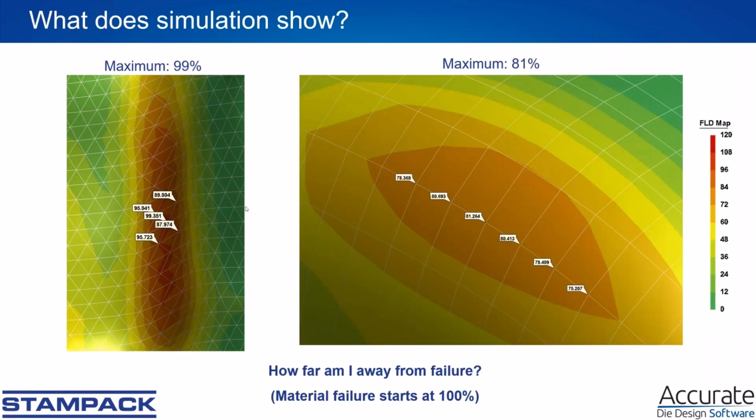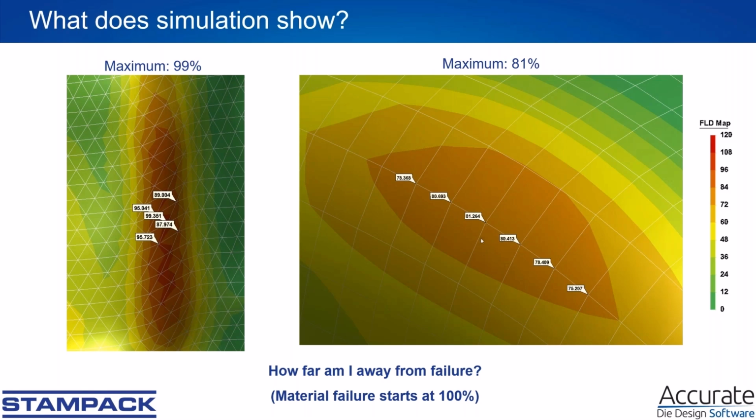Even better and even more important is the software can tell you how far you are away from failure. So typically, we see here a number between 0 and 100, and material failure is at 100%. So on the left-hand side, for example, simulation predicts you a maximum value of 99, and 99 is so close to 100, and then you know immediately, okay, it's not safe to go to production because a slight change in the production conditions will lead to a crack.